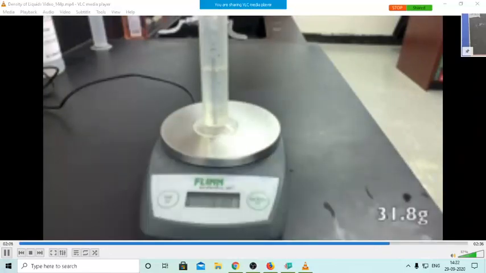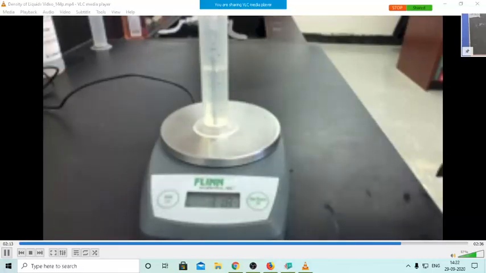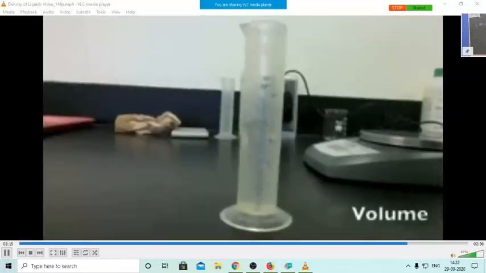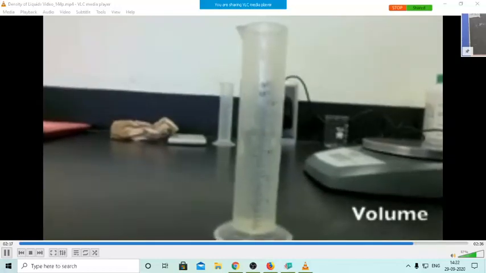Don't forget to subtract. Final step is to get the volume. First, determine the scale. To go up from 20 to 25, there are 10 lines, so each line is worth 0.5. Read from the lowest point of the meniscus, right at 20 milliliters.